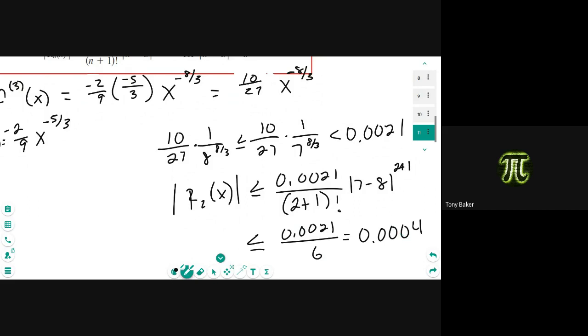Approximately. So I'm going to be within 4 10,000ths, which we were when we plugged that number into the calculator.